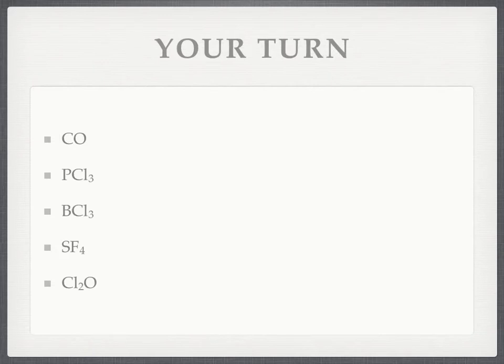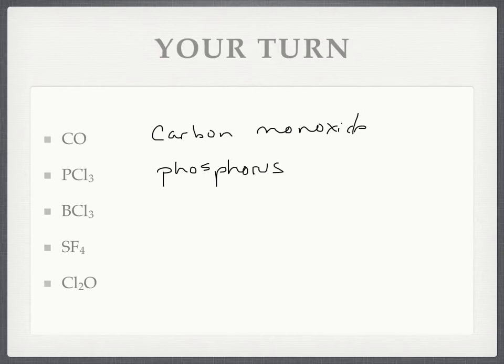Alright, your turn to practice. Stop the video and go ahead and write down the names for these 5 right here. Okay, the first one would be carbon monoxide. Then we have phosphorus. There are 3, so we'd say trichloride.